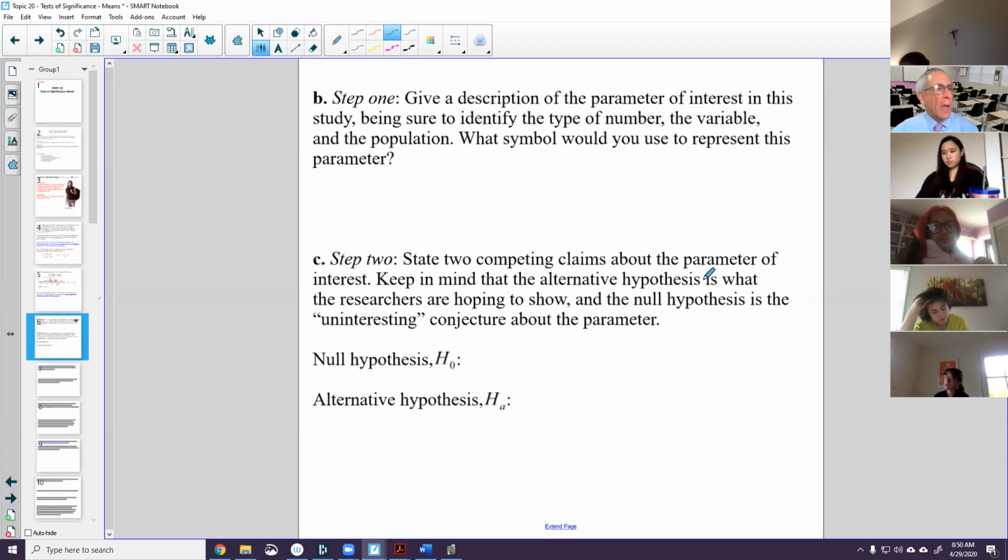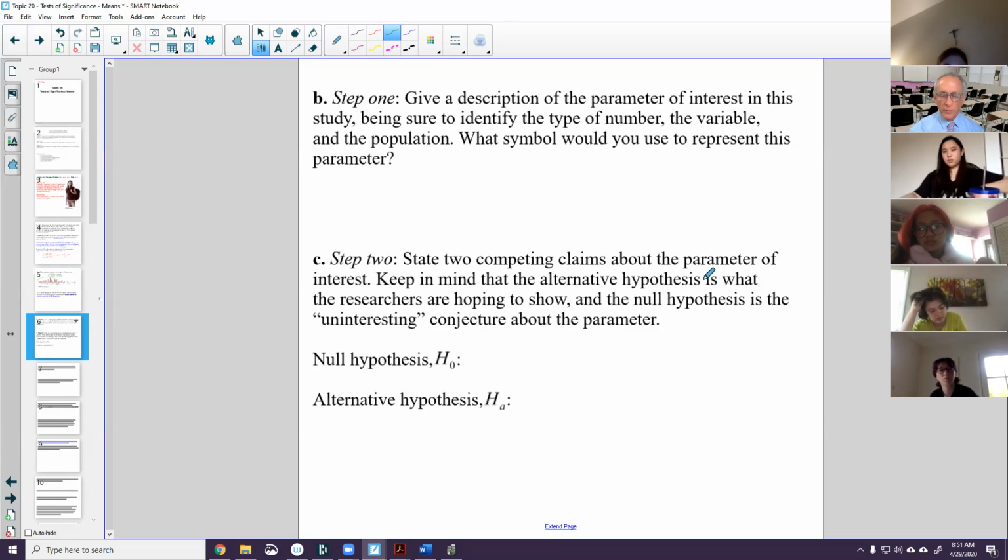So I need the parameter of interest. I'll take a volunteer. Who wants to give me, what are we trying to find out in this study? What is the parameter that we are trying to discover? Parameter deals with a population. What is the parameter that we're trying to discover here? Keely, tell me, what's the parameter? You hear, Keely? Yes, I see you up in the corner there.